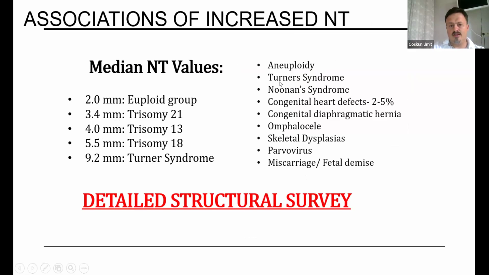Also, increased NT can be associated with Noonan syndrome, congenital heart defects, congenital diaphragmatic hernia, omphalocele, skeletal dysplasia, parvovirus, and also some metabolic syndromes. You can check all of them in one plane.